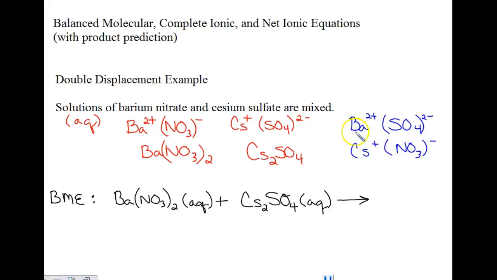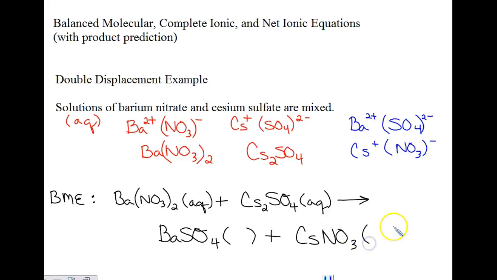So our products are going to be barium sulfate, which, since they have the same charge, combine in a 1-to-1 ratio. So BaSO4. And then these combine in a 1-to-1 ratio as well, CsNO3. And notice I haven't written in the states yet, because we have to consult the solubility rules.